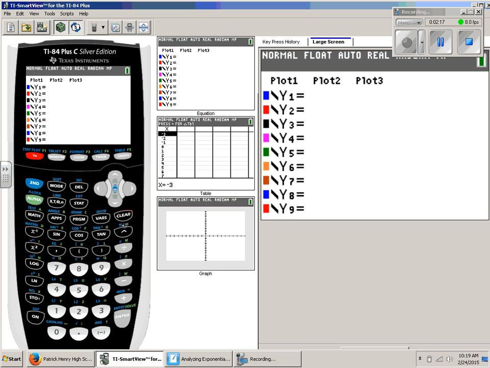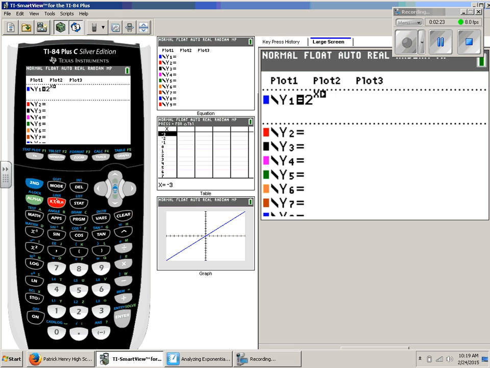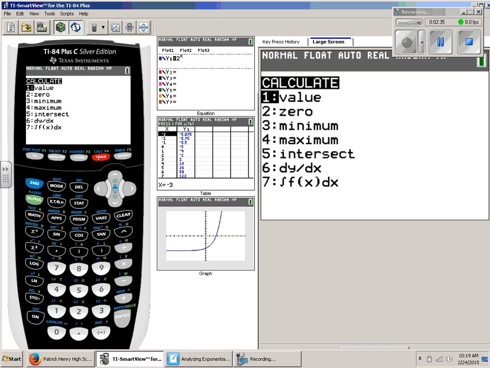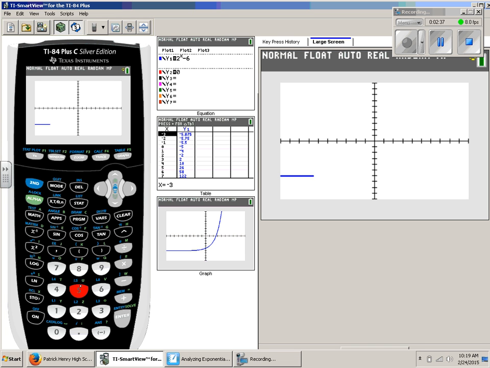Two to the x power subtract 6. And to find the x-intercept, I need to put 0 in y2. And we're going to try to find the intersection of these two graphs.